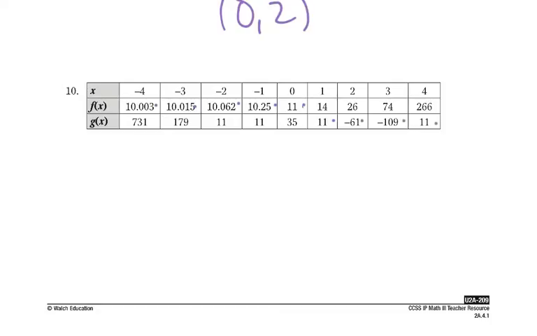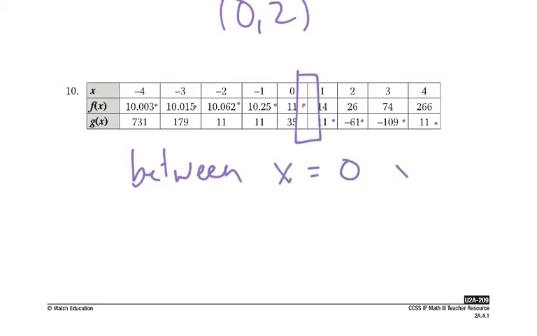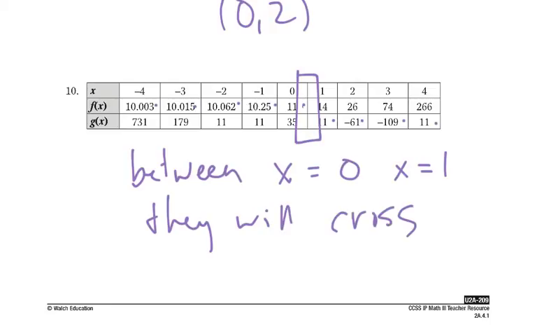So somewhere between 0 and 1, it's going to cross. Where exactly, I don't know. Okay, I don't know. So I wouldn't be able to do it just off of this, but I know between x equals 0 and x equals 1 that they're going to cross. So that's all I would be able to write here. Anyway, there we go, guys.